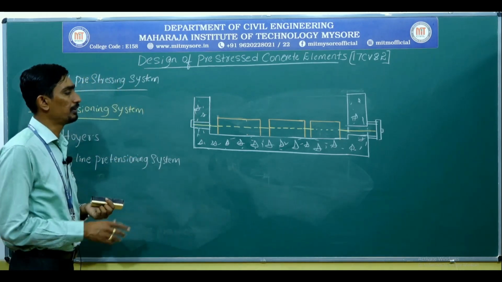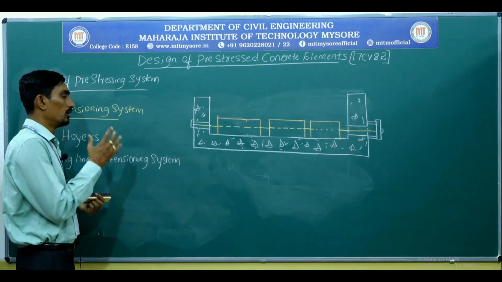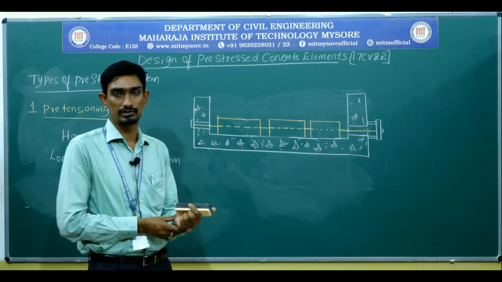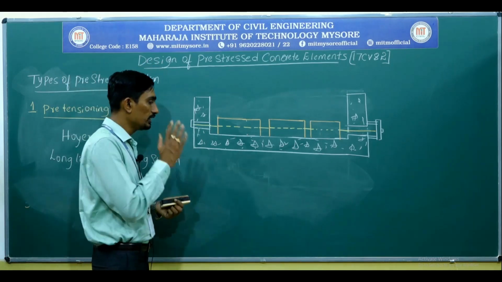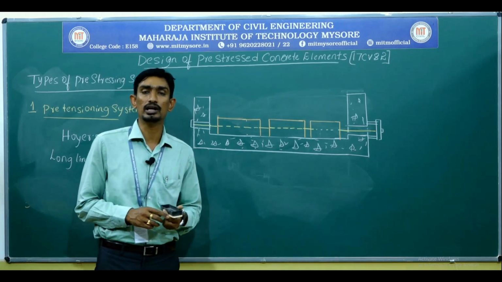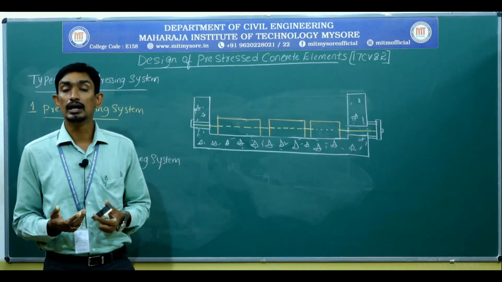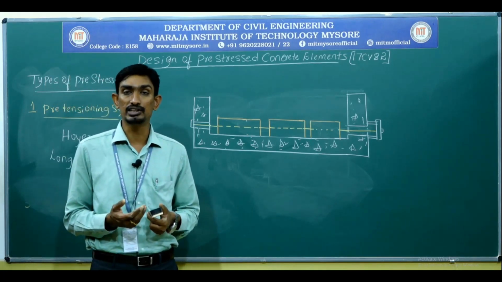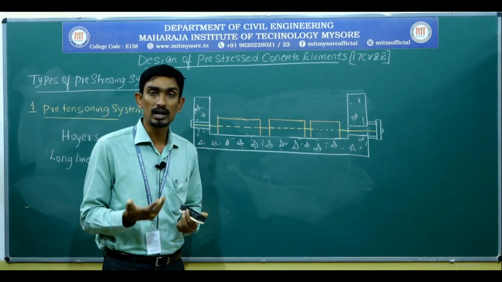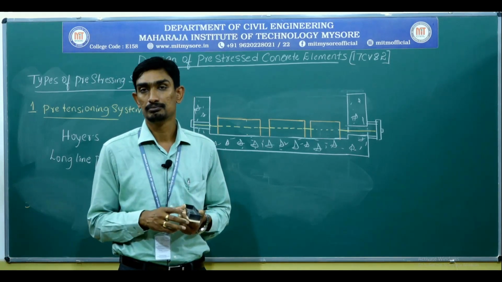Now what is the principle behind this long line pretensioning system, or what ideas came to the authors to develop this pretensioning system? Let me explain. The very first thing you need to understand here is you can produce a number of pretensioned prestressed beams at a time.